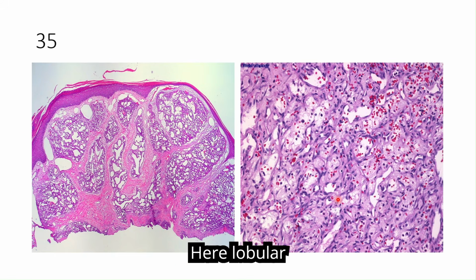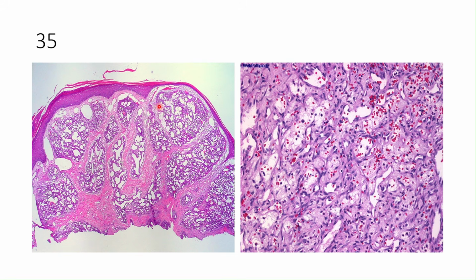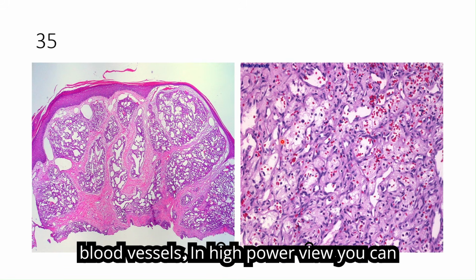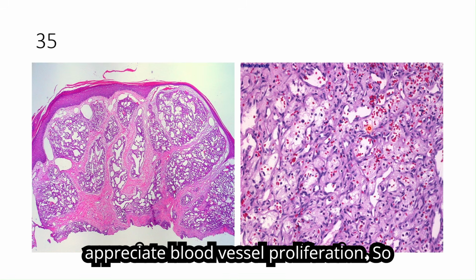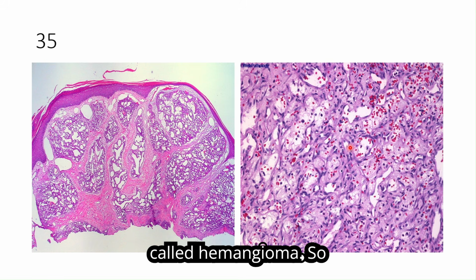Here, lobular appearance of blood vessel proliferation, mostly small blood vessels. In high power view, you can appreciate blood vessel proliferation. So this is a benign tumor of blood vessels called hemangioma.